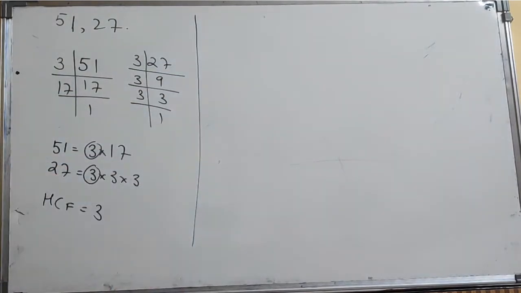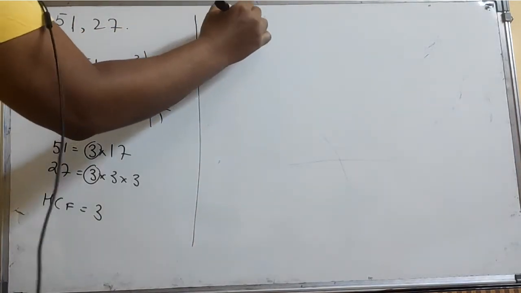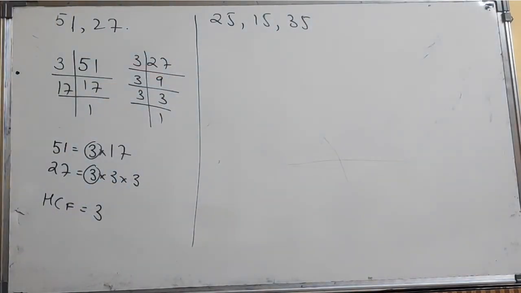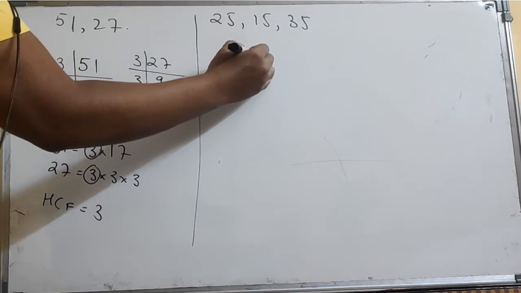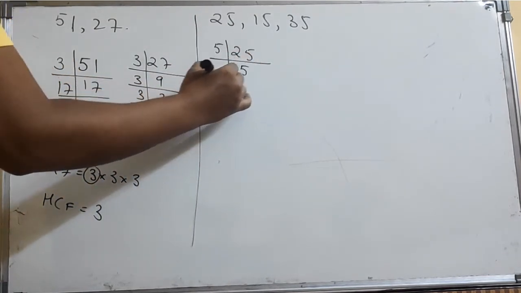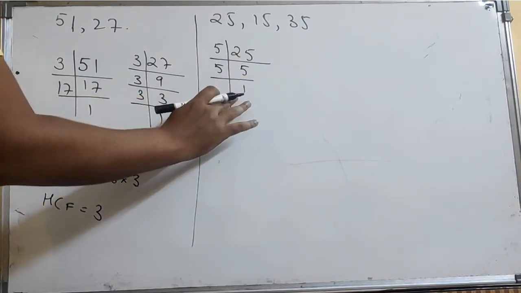Consider three numbers, say 25, 15 and 35. So we'll factorize 25 first. 5 fives are 25, 5 ones are 5, 1.